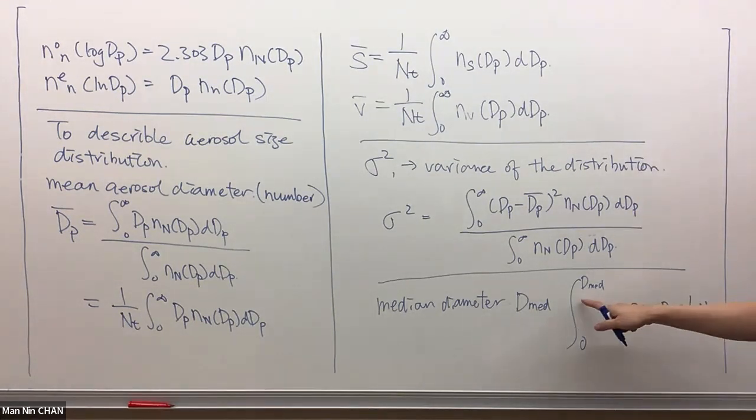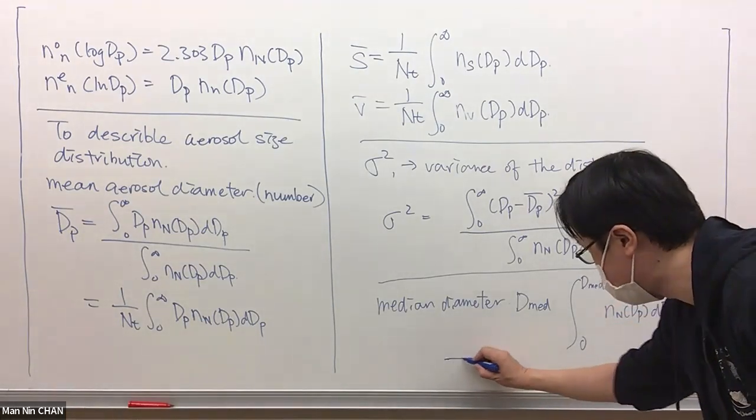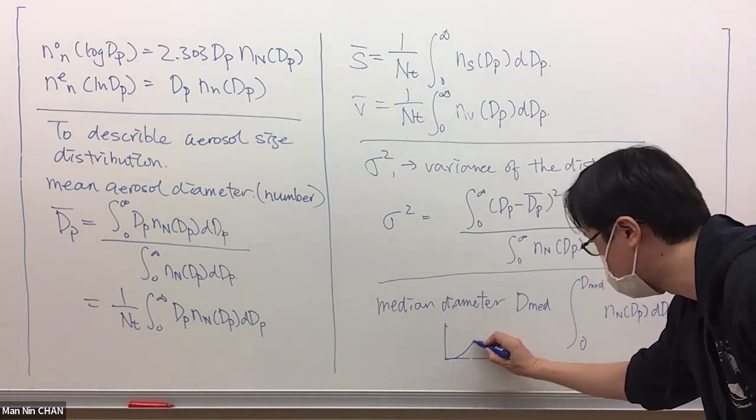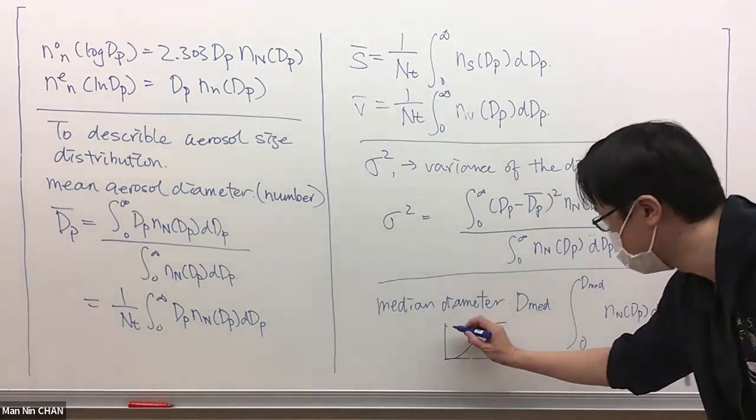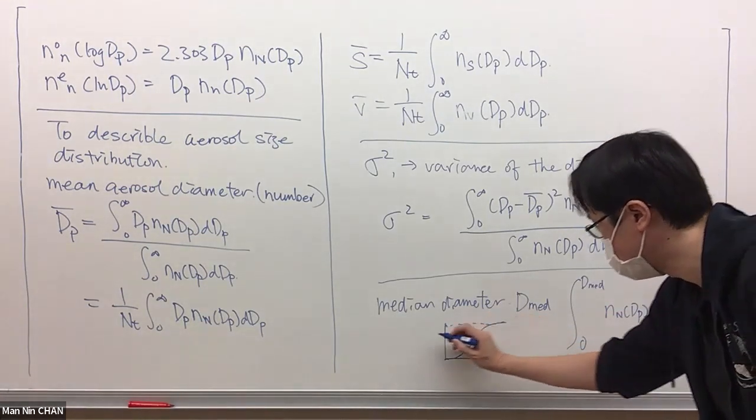So you talk about 50% of your total. I'm sure you know this: this is your accumulation graph, and this is your 100%.